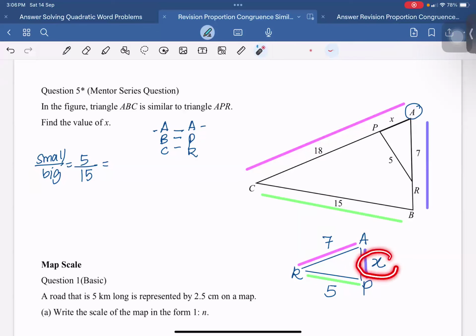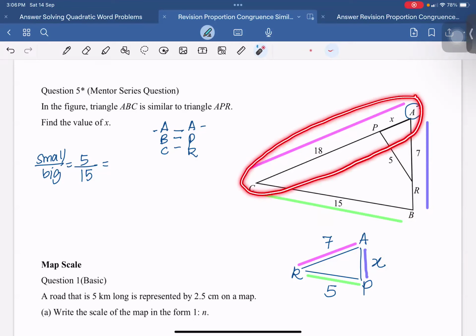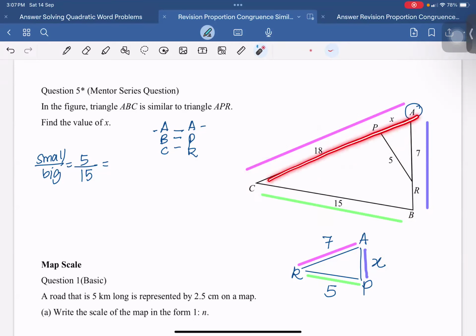Then I want to find another matching side. They want X, right? X must match with the side AB, but I do not know AB, so cannot use. But I have another side, AC, which also has X. What is the value for AC? 18 plus X. Then the other one will be matching with the 7.